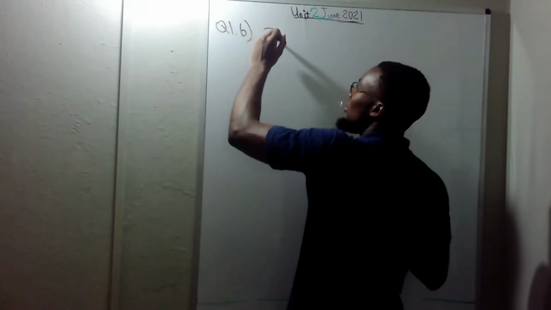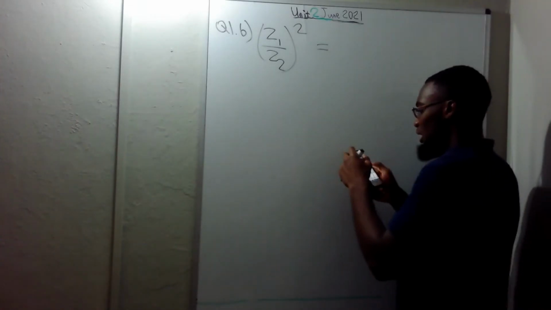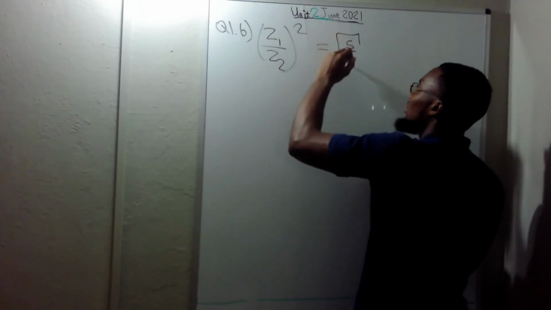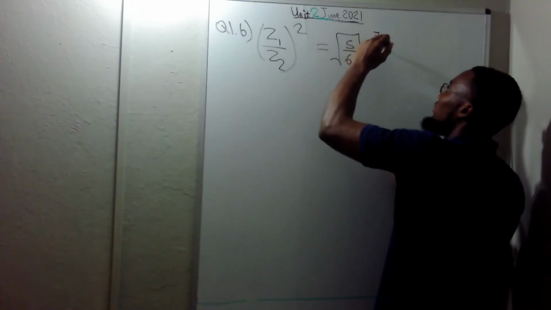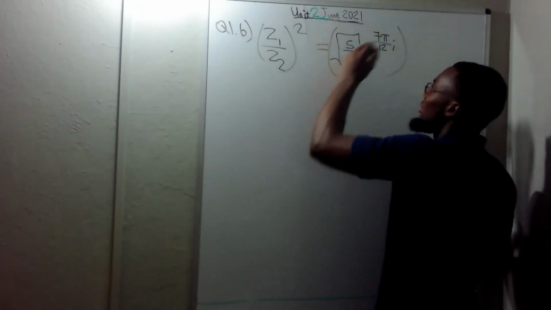Using a calculator, determine the value of z1 over z2 squared. We need to work out z1 over z2 squared. Now remember we just found that z1 over z2 is the square root of 5 over 6 e to the 7 pi by 12 i, so we're squaring this.